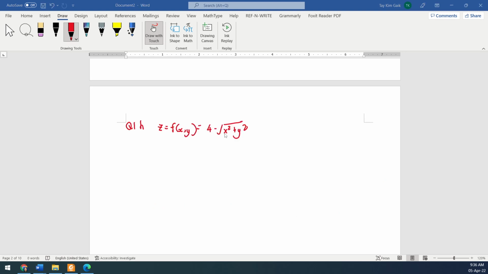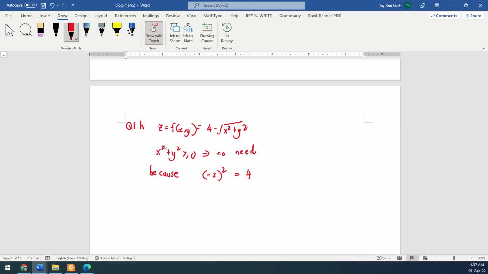Here, even though I said for the square root function, whatever is inside the square root function must be greater than or equal to 0, this one no need, because for example if you put -2 squared, you have positive.